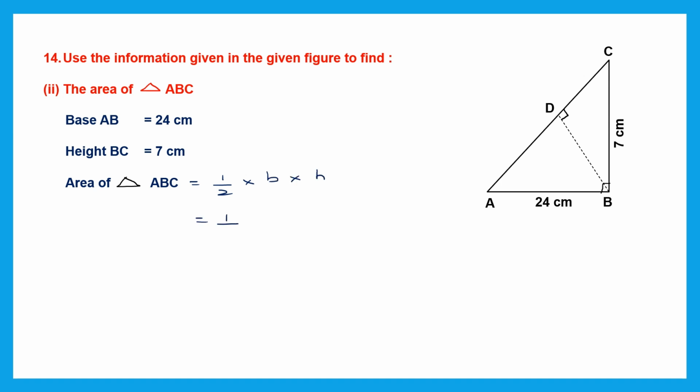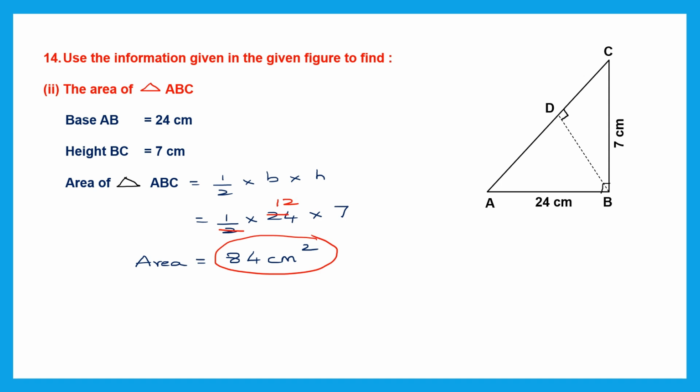So half into base, and the base is 24 centimeters and the height is 7 centimeters. Let's cancel here. So this is 12. Now 12 into 7 is 84. So the area of triangle ABC is 84 centimeter square. So we have found the answer to the second question also.